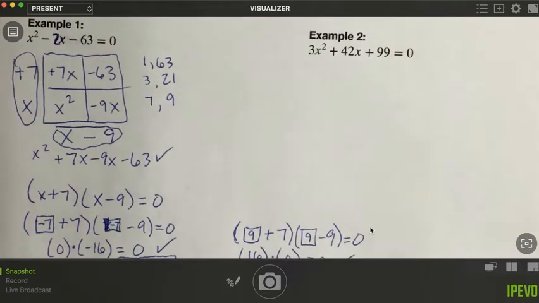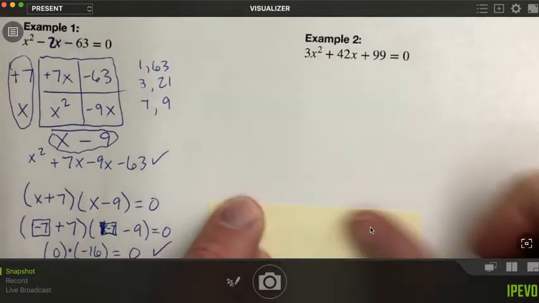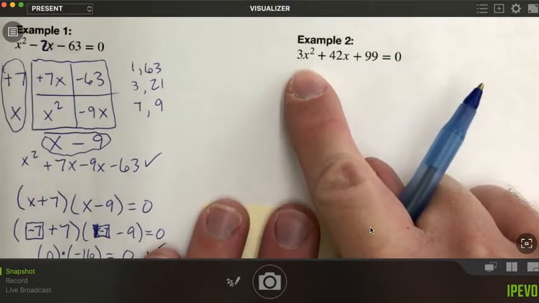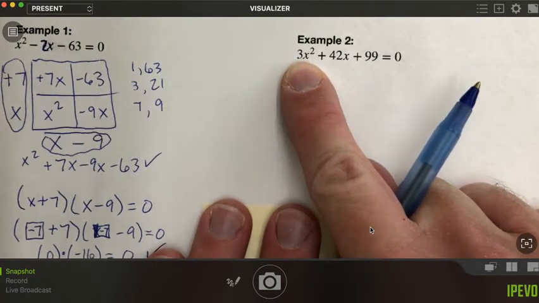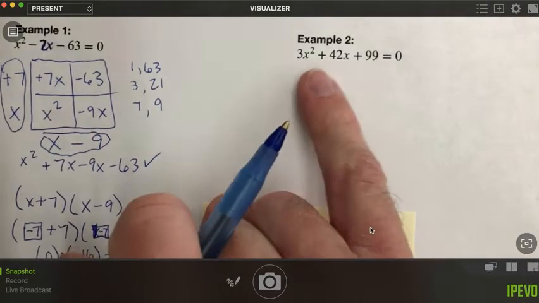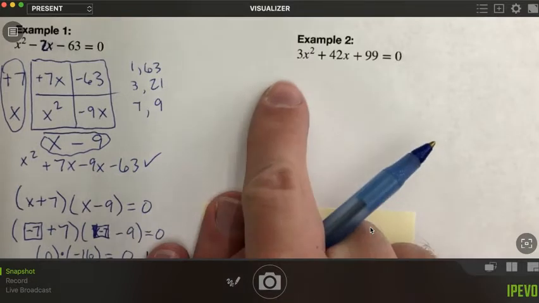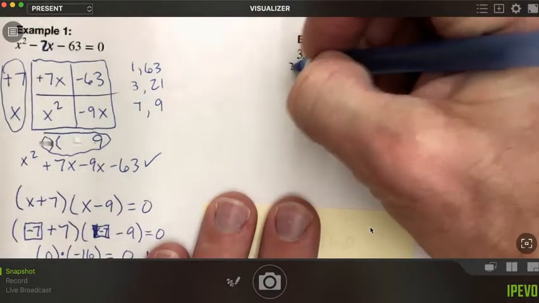All right. So example 2 is a little bit different, just because I see a number that isn't 1 in front of x squared. So before I even try to factor my binomials, I'm going to see if I can factor out a number. And I'm betting that all of these have 3 as a factor.